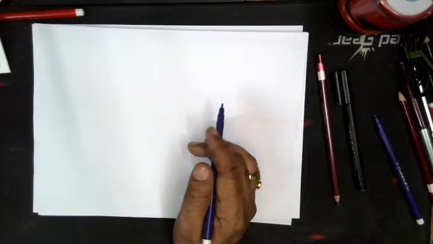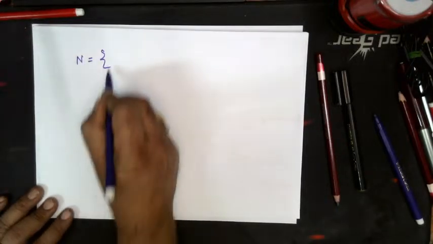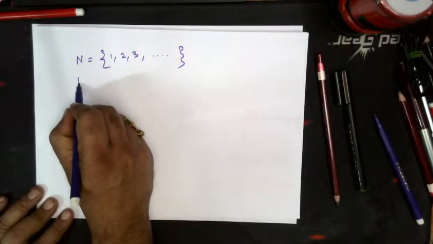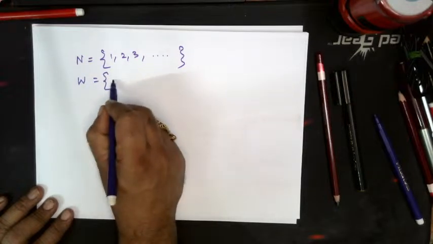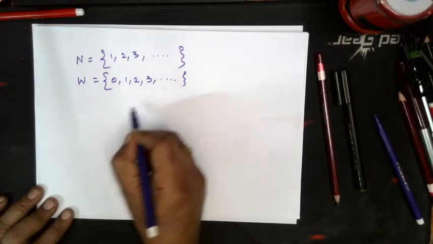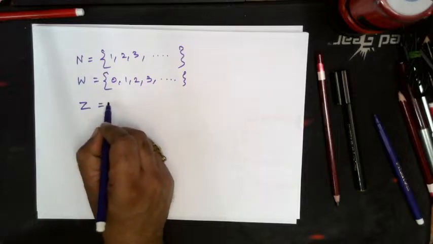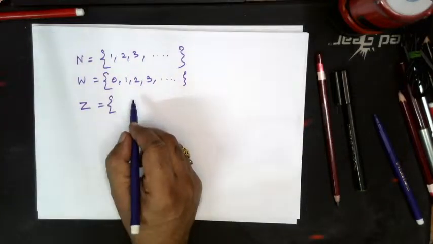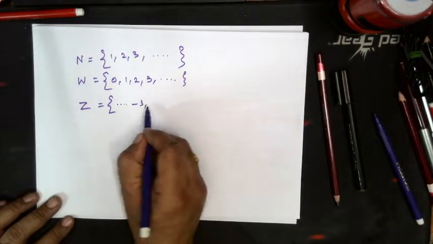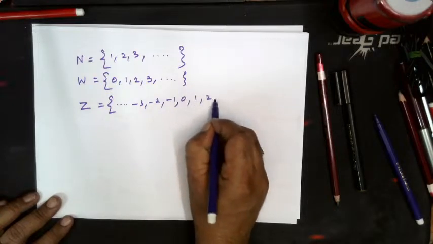So the natural number is represented as N: 1, 2, 3, etc. And the whole number W: you have to include 0, 1, 2, 3, etc. And Z is the integer that includes negative numbers, 0, and positive numbers. That is, you have -3, -2, -1, 0, 1, 2, 3, etc.